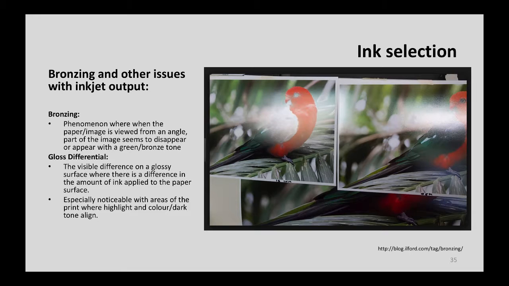So that's gloss differential. Now this also becomes a problem when you think theoretically about the colour of the base of your paper as well. So if you're working with a cool coloured paper and all of a sudden you have an absence of colour, okay, and what happens with cool colours? They recede.